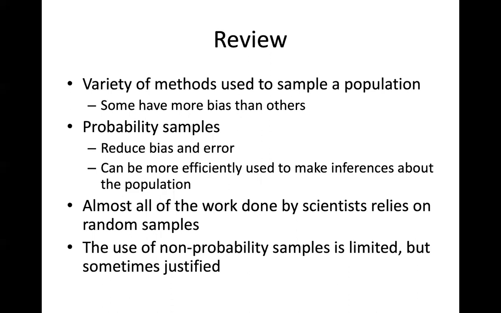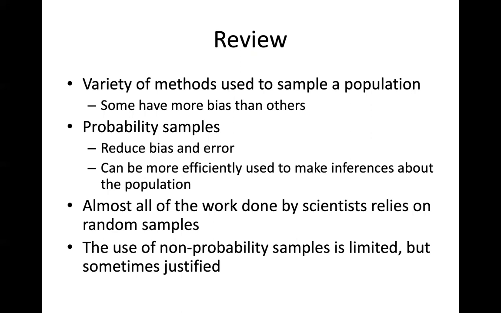So what we need to do is find a way that we can either reduce bias and error, like with a probability sample, so that we can efficiently make inferences about a population, or we can use a non-probability method where we throw inferences to the population out the window, but we rely very heavily on expertise from an individual sampler or from some other process that we think will yield a very, very good representative sample, but we have to assume responsibility for that bias.